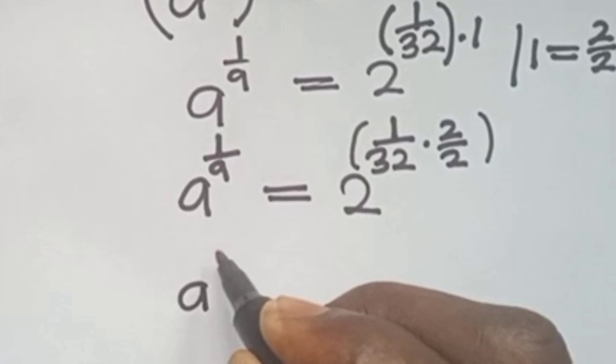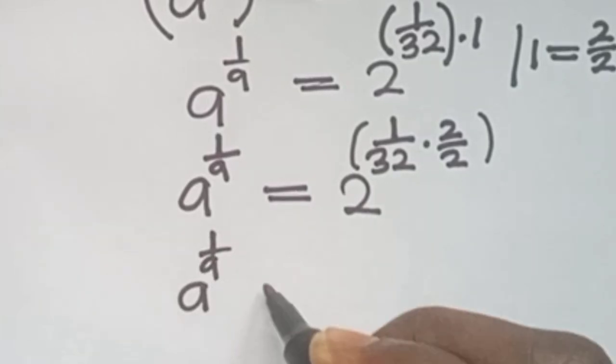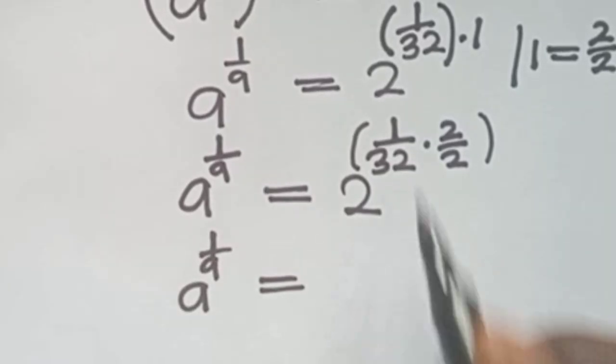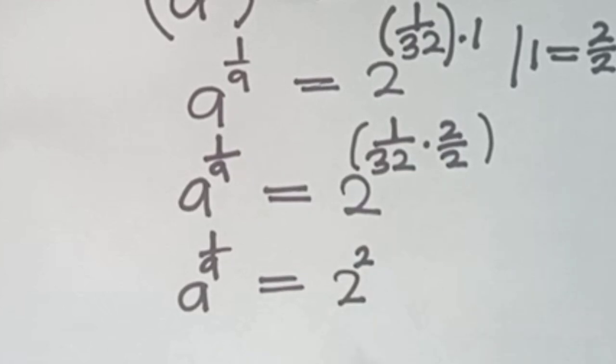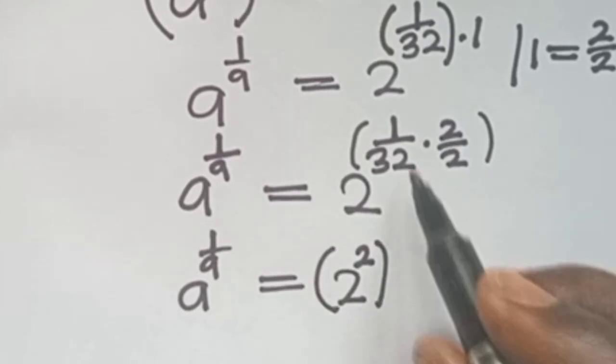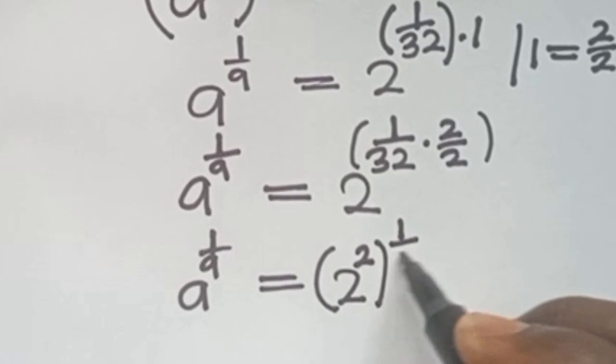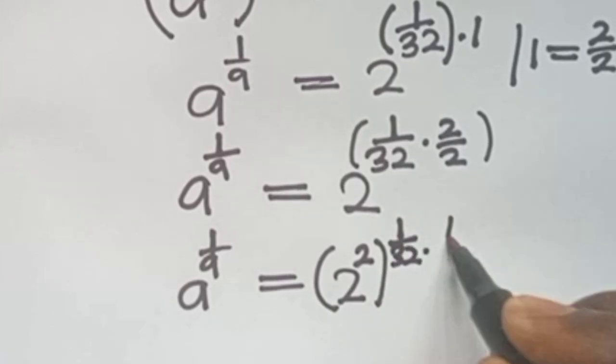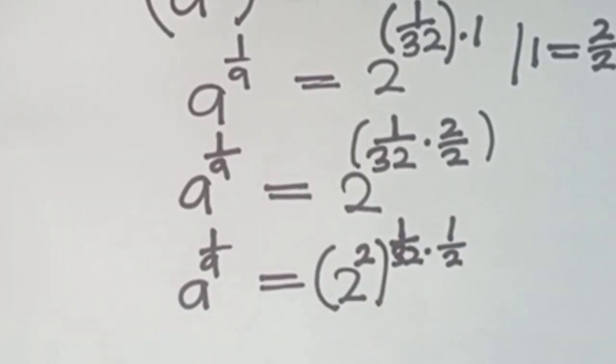And this can be written again as a to the power of 1 over a equals 2 to the power of 2, and to the power of 1 over 32 times 1 over 2.